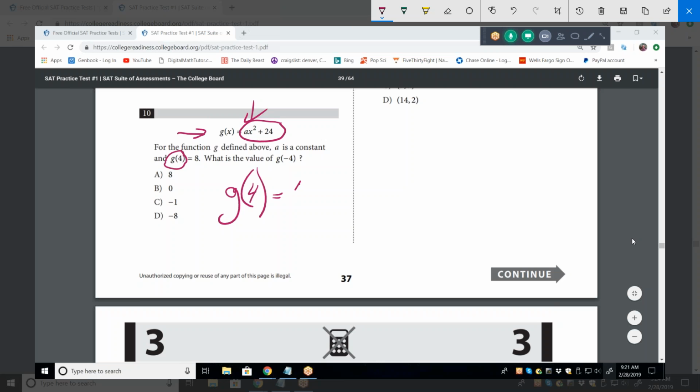A. I can write the A after or before. But it's 16A plus 24. Okay? So that's what G of 4 is. And they are telling us that's equal to A. So now, let's erase this part here. Don't need that anymore. Can you solve that equation for A?